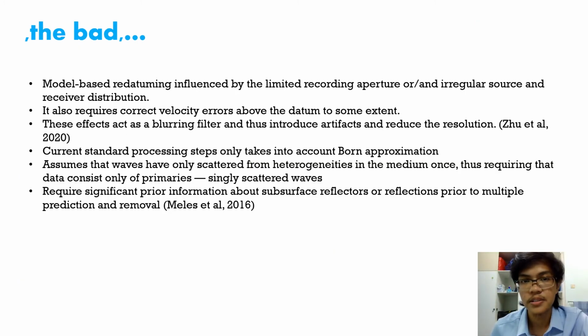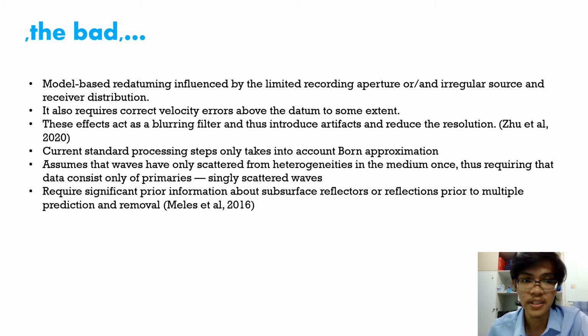However, there are still some limitations on using seismic redatuming imaging. One of them is that model-based redatuming is influenced by limited recording aperture or irregular source and receiver distribution. It also requires correct velocity errors above the datum to some extent.